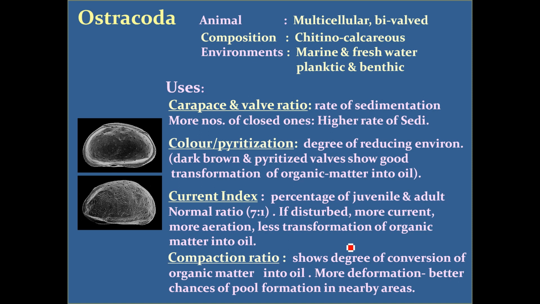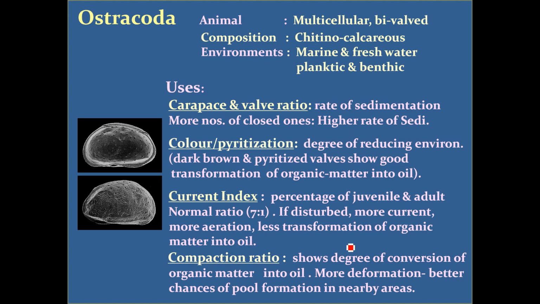If the walls are closed, maximum walls are closed, it means the sedimentation did not allow time for opening of the valves, and that shows the high rate of sedimentation good for formation of oil. Similarly, the color of ostracoda, if it changes to dark brown or it becomes pyritized, then it shows the degree of reducing condition, and chances of transformation of organic matter into oil are better.